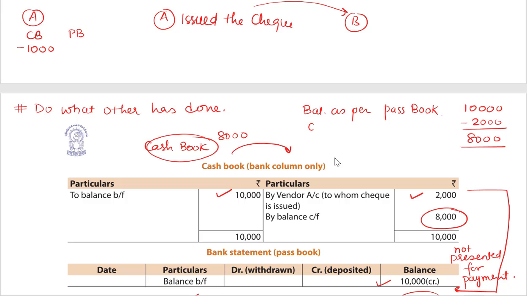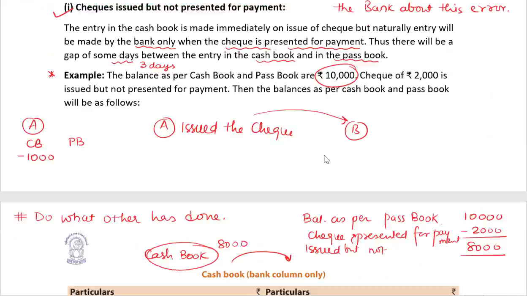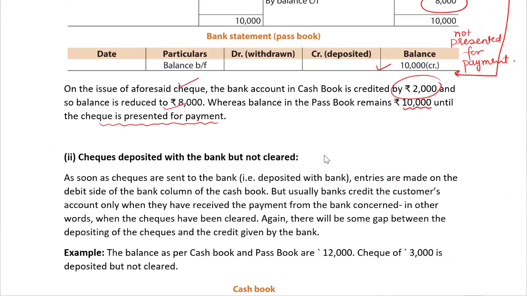And we will write over here check issued but not presented for payment.